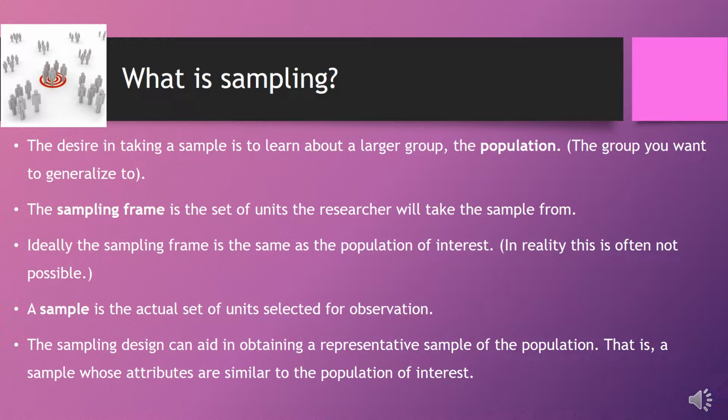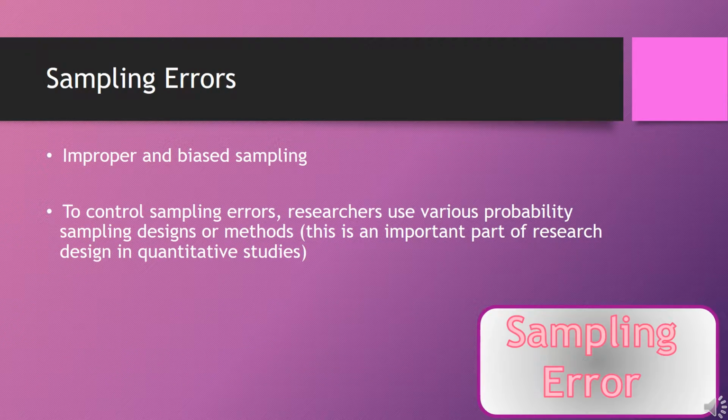Now, in your text, they actually use a term called elements, but for the sake of using universal terms, we will talk in terms of population, sampling frame, and sample. We will not use the term elements. Sampling errors occur when you have improper and biased sampling.